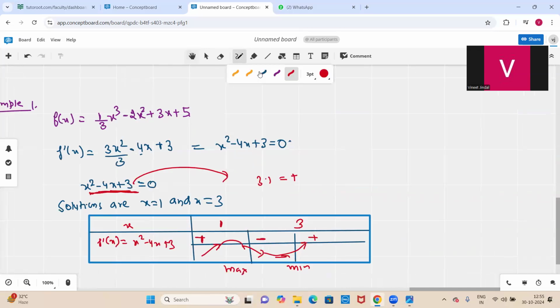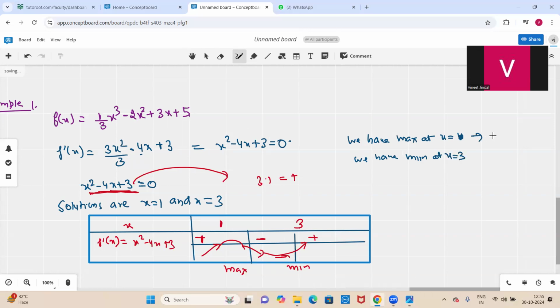So we can conclude that we have maxima at x equal to 1, and we have minima at x equal to 3. The maximum value of the function at x equal to 1 is 6.33.